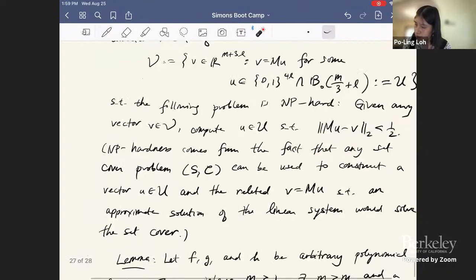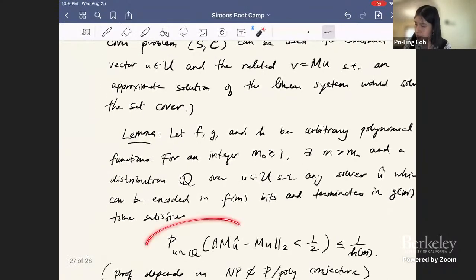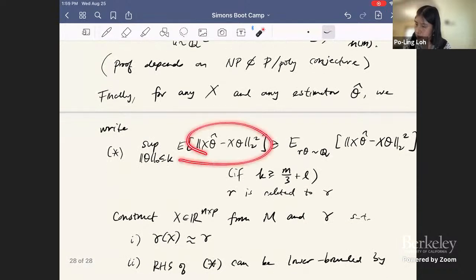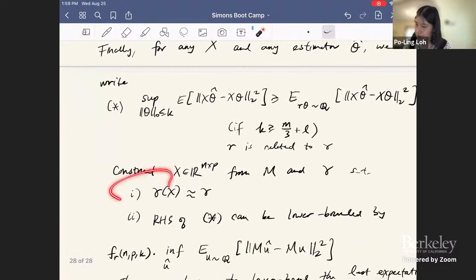So the probability of having a prediction error bounded by 1/2 should be small. And then we need to find a way to go from this linear system to constructing a linear system where we design x, and we need the restricted eigenvalue constant to be close to gamma. And then the last part is to relate the two prediction errors. So I'll stop here and happy to take any questions.